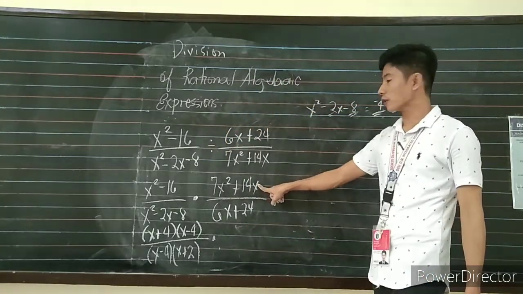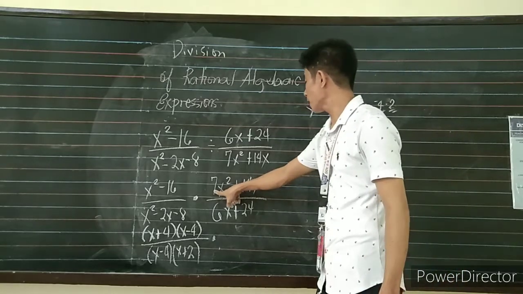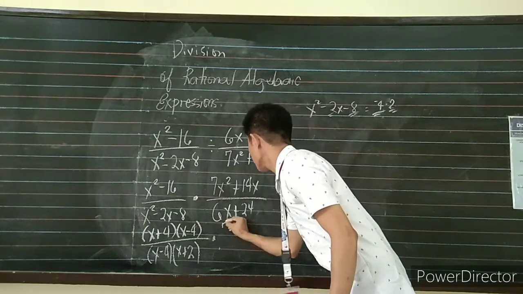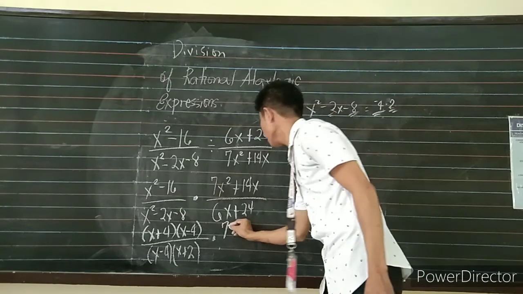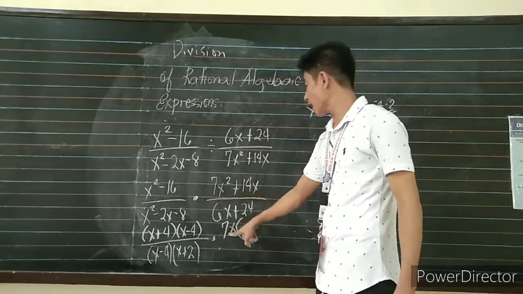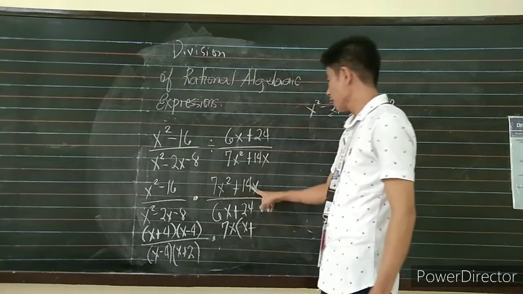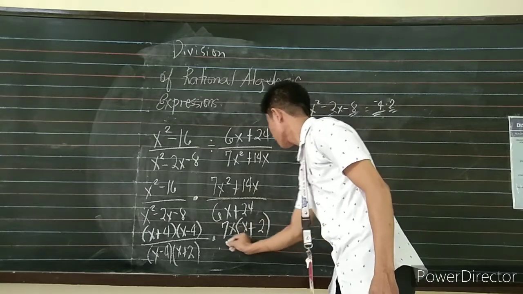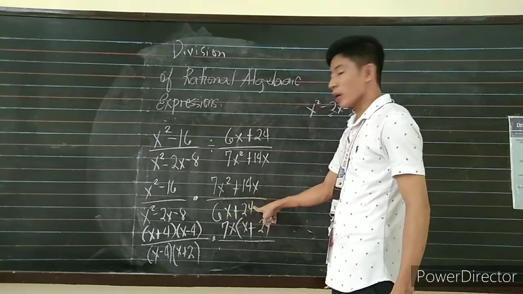What is the factored form of this? What's the common factor? The common factor for the numerical coefficients is 7. And in x squared and x, there is a common x. So 7x times 7x squared divided by 7x is x, plus 14x divided by 7x is 2, over 6x plus 24.